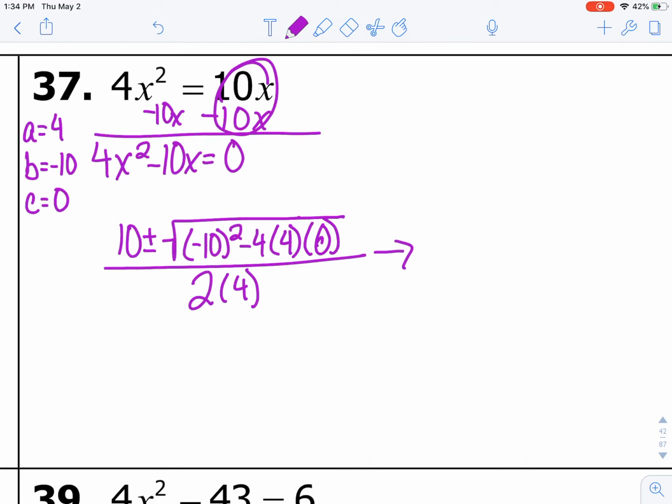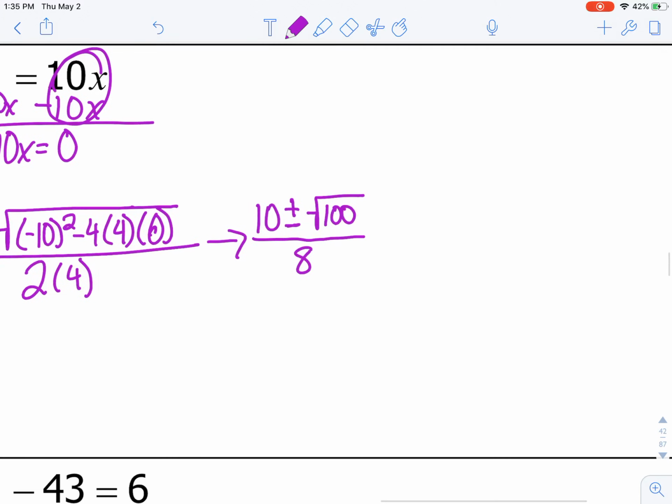So that's going to break down to 10 plus or minus the square root of 100 all over 8.